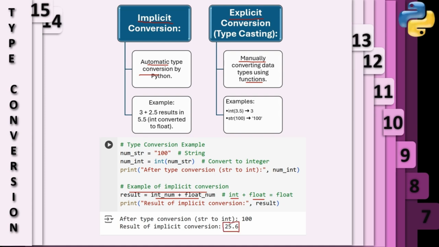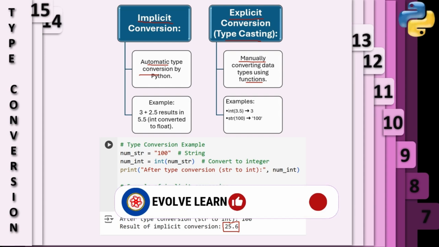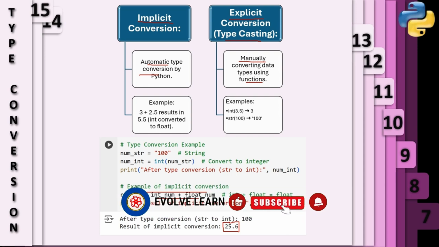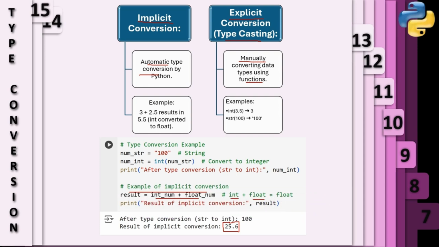Explicit conversion is also known as typecasting. This is useful when you need to ensure that the value is of a specific type. Common functions used for explicit typecasting include int, float, string, and boolean. In this example, we take a look at the int function.